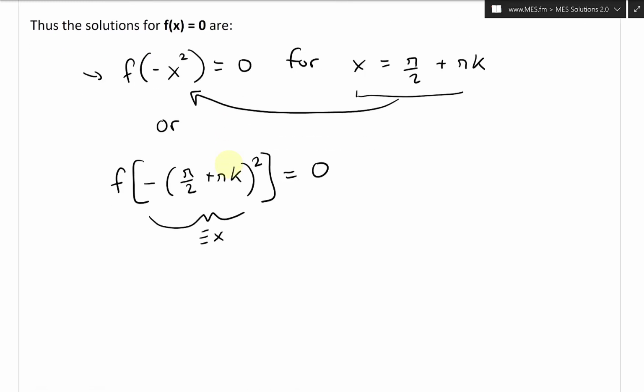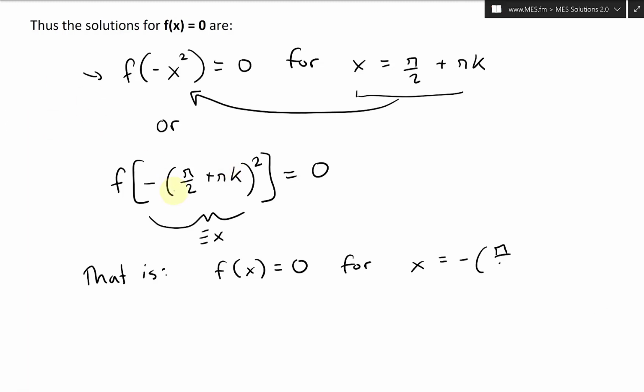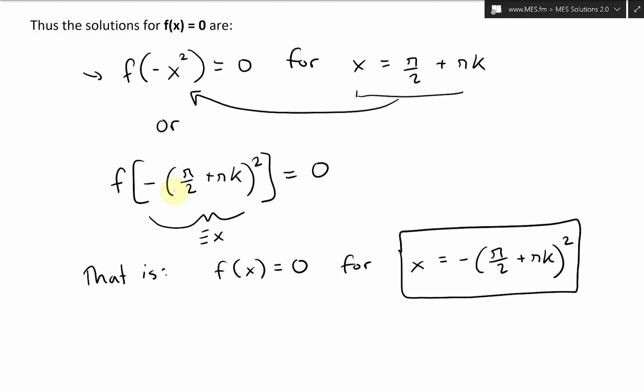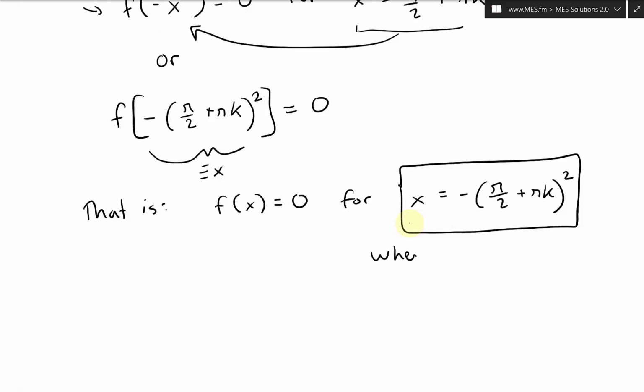So let's put it all together: f of x is equal to 0 for x equal to negative, this whole thing here, negative pi over 2 plus pi k squared, like that, where k is an integer.